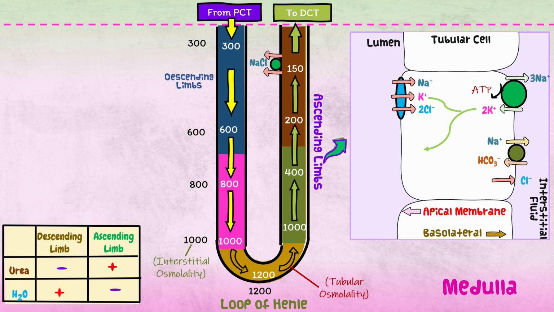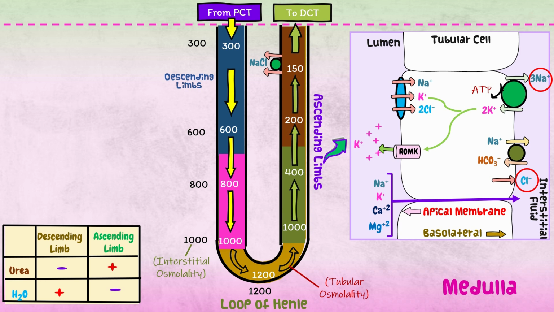Potassium leaks back into the lumen through the apical potassium channel, called the renal outer medullary potassium channel, creating a positive charge that drives the reabsorption of cations, such as sodium, potassium, calcium, and magnesium, through paracellular pathways.